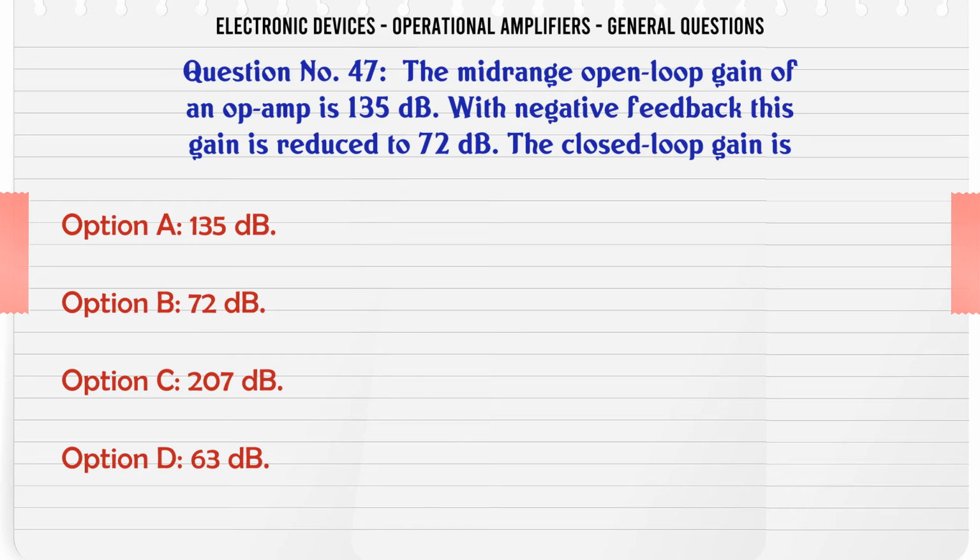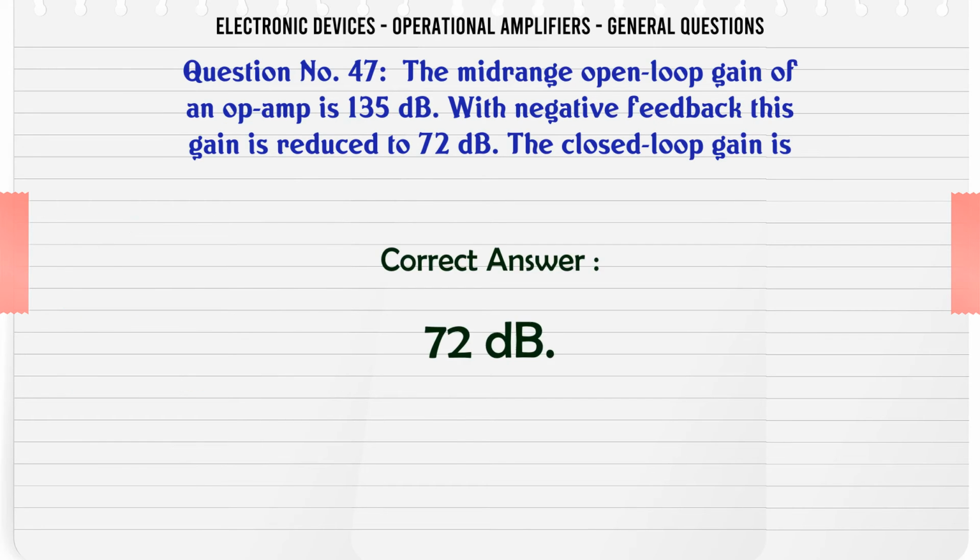With negative feedback this gain is reduced to 72 dB. The closed-loop gain is A. 135 dB. B. 72 dB. C. 207 dB. D. 63 dB. The correct answer is 72 dB.